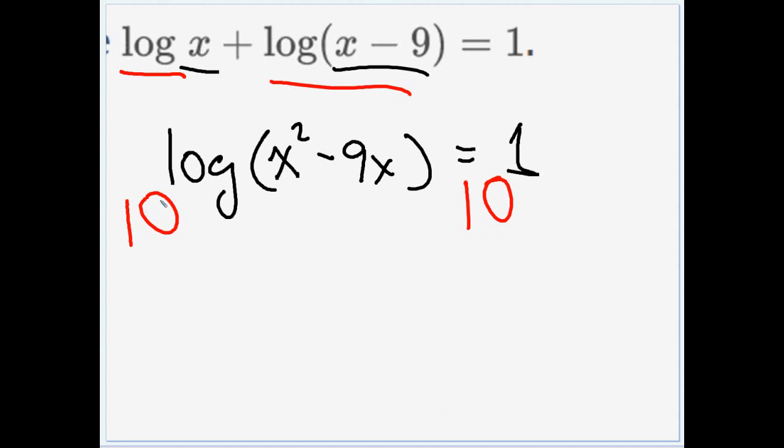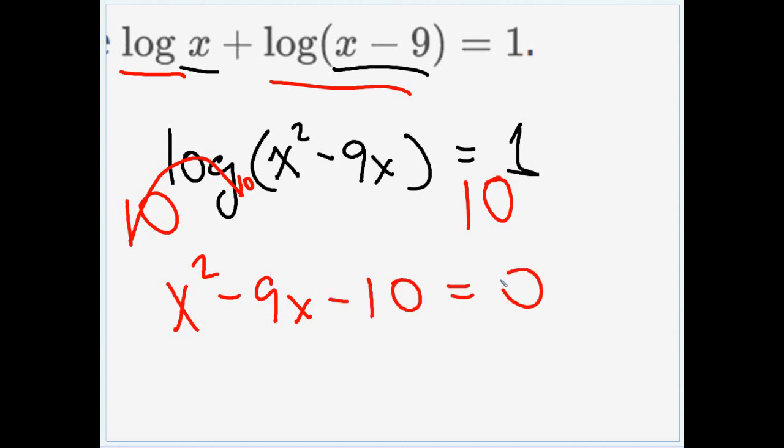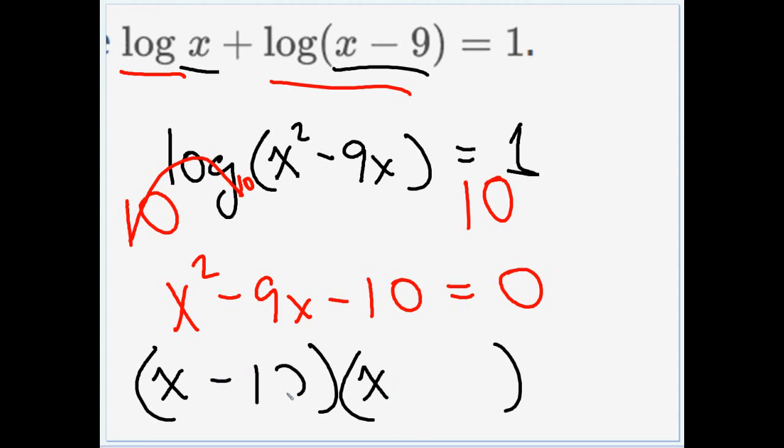Here is where we might be introducing an extraneous solution. The 10 to the log base 10 cancels. X squared minus 9x equals positive 10. So let's subtract 10 from each side, and now it is equal to 0. Two numbers that multiply to negative 10 and add up to negative 9. Minus 10 plus 1.